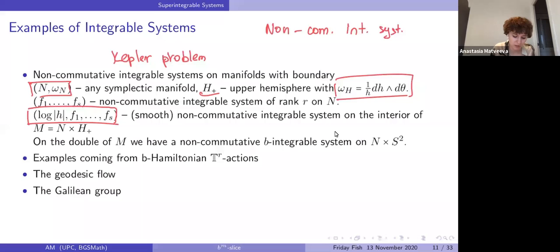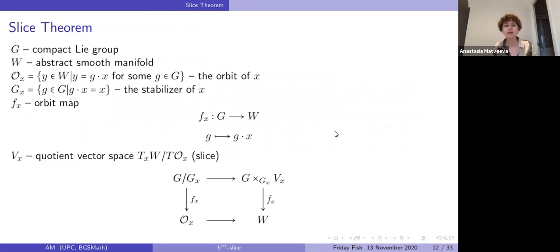It's also in the list of references. So those are other examples that motivate us to think of the Slice theorem.